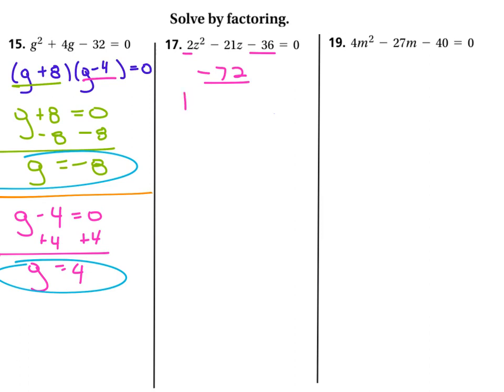So let's do it. 1 times -72, or -1 times 72. Now, by the way, if you want to speed things up, and of course, always you do, we could just do this and say, oh, these combine to be -71 when you add them.